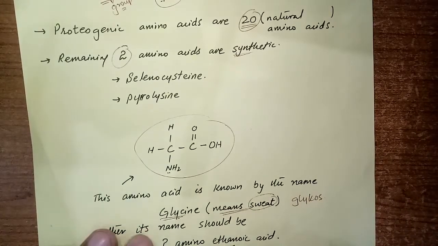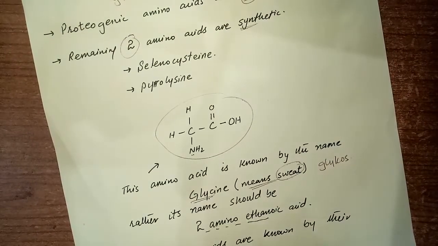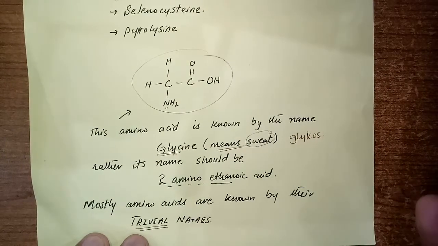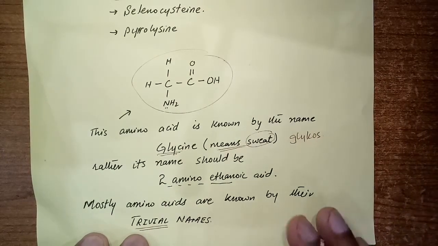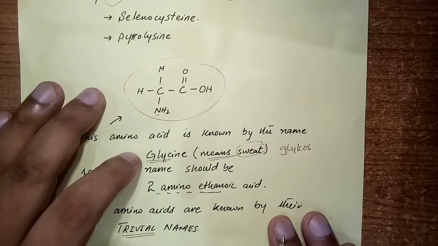And you know what, the 20 amino acid names are usually trivial names. Why trivial names? Because we don't use the IUPAC naming of amino acids. We just really talk about this amino acid, which is glycine.